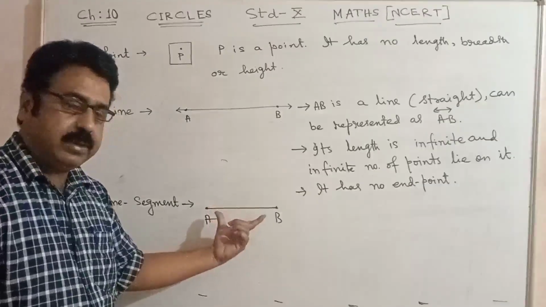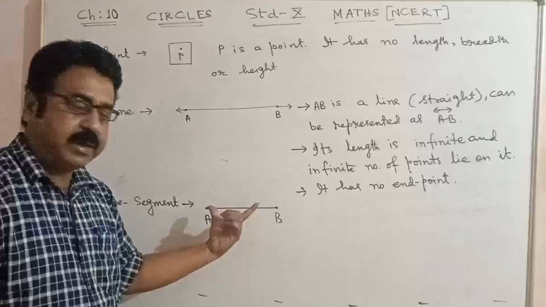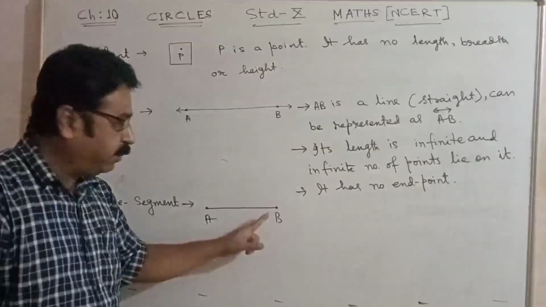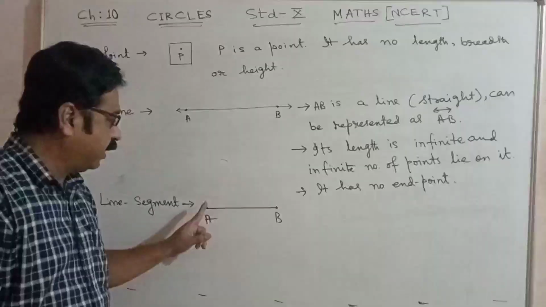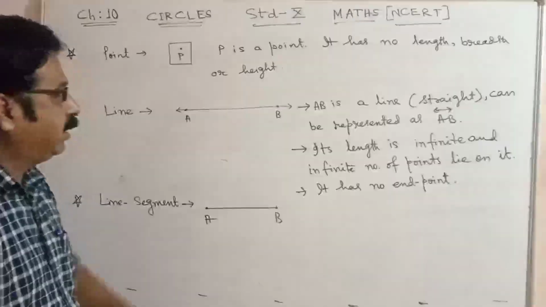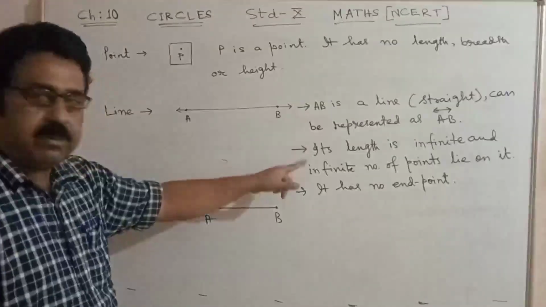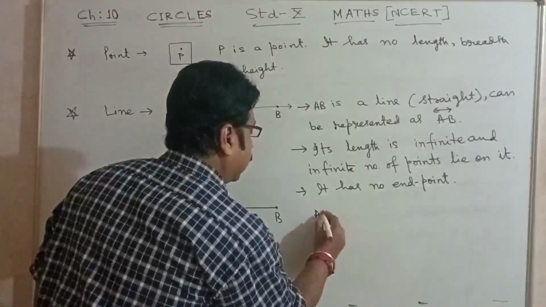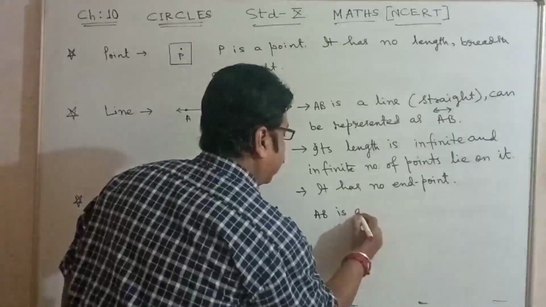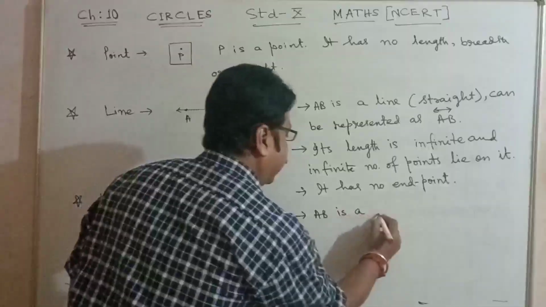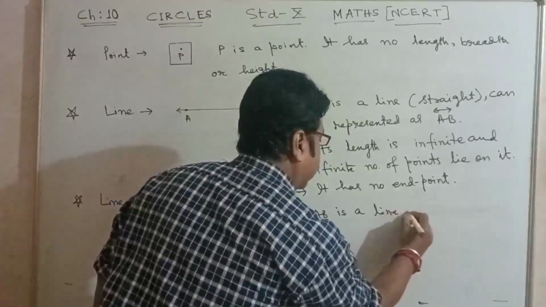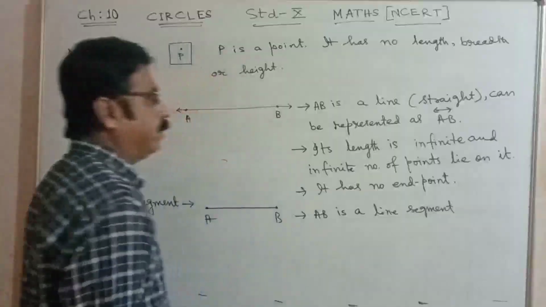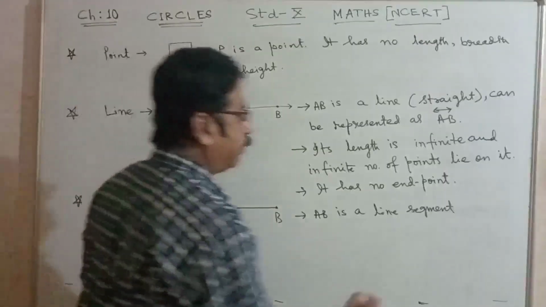What is its length? It has finite length. And is there any end point? Yes, two end points are there, point A and point B. So following this we can write AB is a line segment, obviously it is straight.